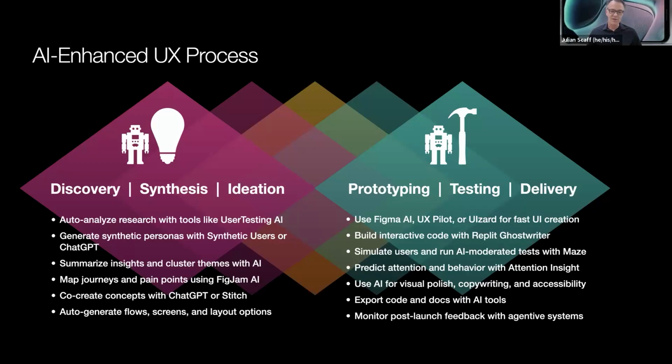Testing can now be done faster using predictive AI moderated studies. And so things like Maze.io is a tool that's been around. They're now infusing a lot of AI tools within their user testing and research suite. There are things like behavioral simulations, using this platform called Attention Insights that will basically simulate what would happen if a real user tested your product.